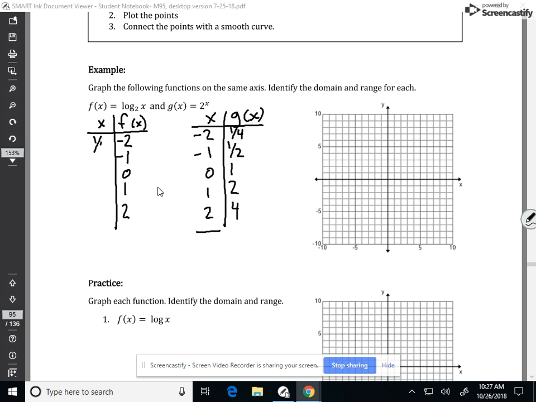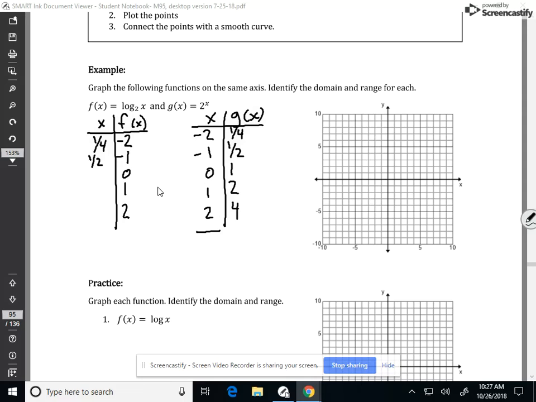It would be 1/4, because if I did log base 2 of 1/4, I would get negative 2 back. If I do log base 2 of something and I want it to equal negative 1, well, log base 2 of 1/2 equals negative 1.